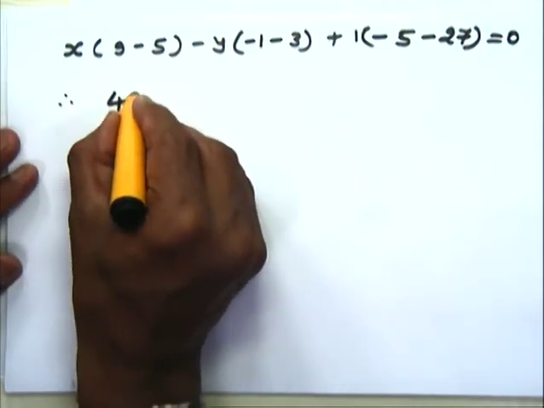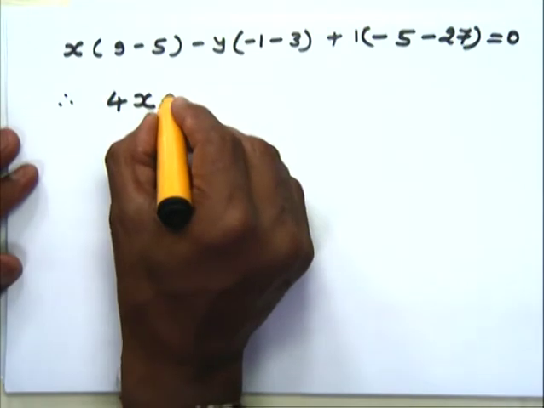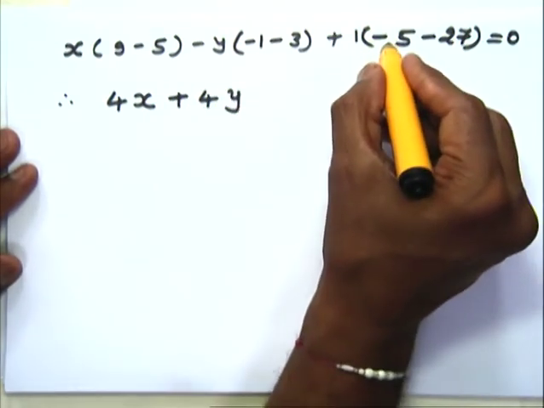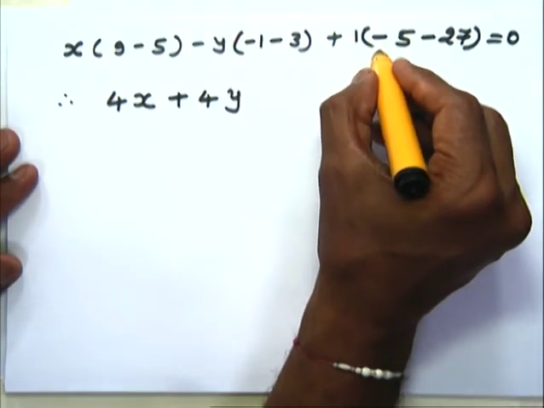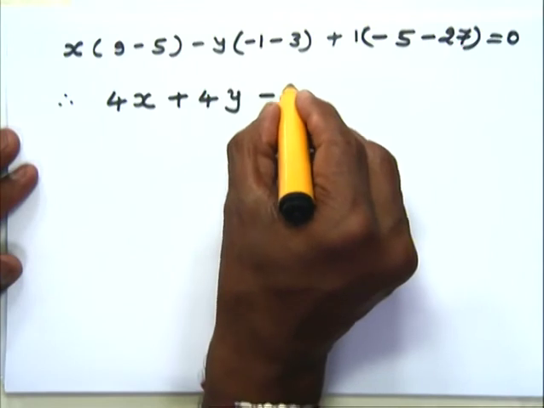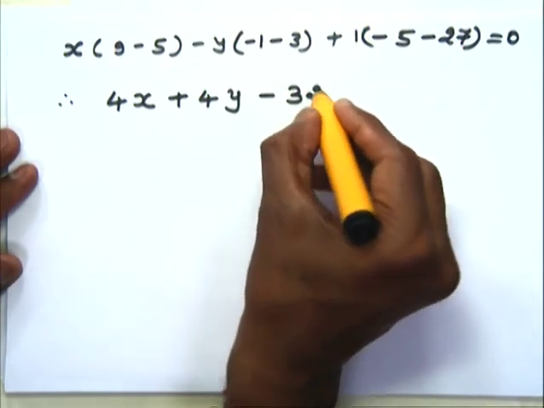Resulting in 4x, 4y, -5 minus 27 results in 32.